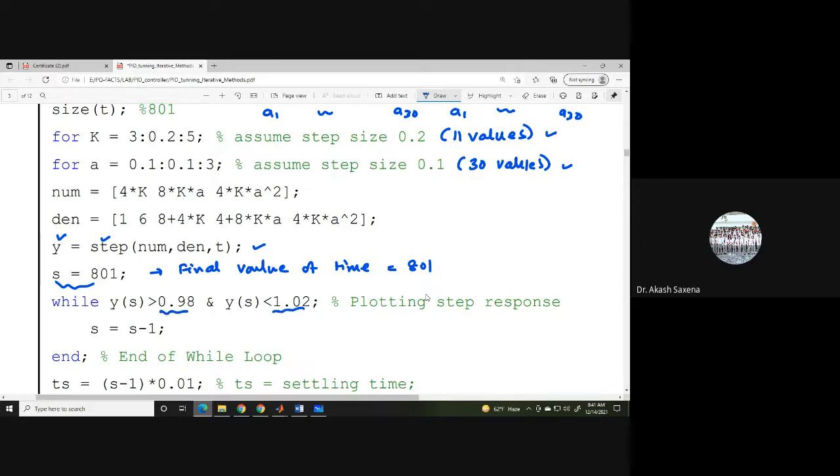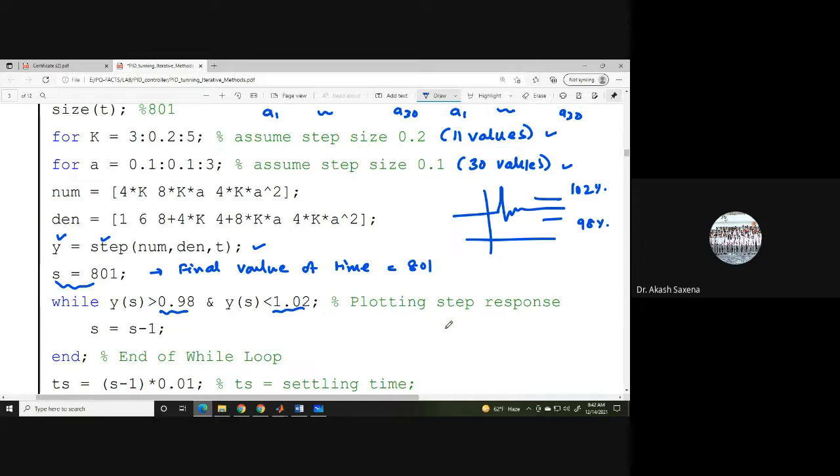That means I consider that the system is settled when the value of the system response is between 98% and 102%. So this is a very common design parameter. So I assume that with this, the step response can be plotted.